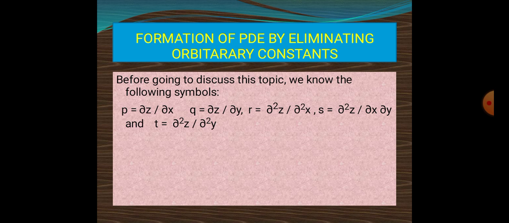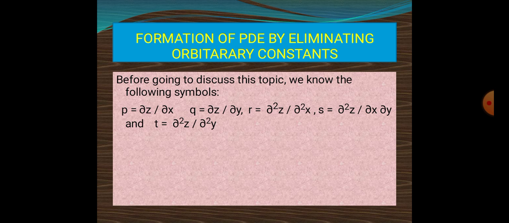Dou square z by dou x square, not dou square x, dou x square. That is nothing but the second order partial derivative of z with respect to x. And s is nothing but dou square z by dou x dou y, the second partial derivative of z with respect to x and y.